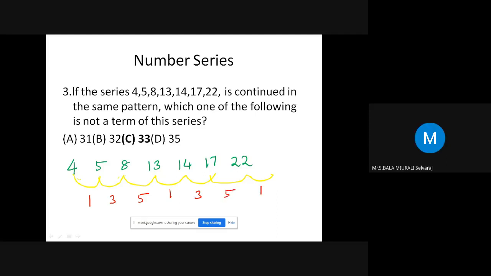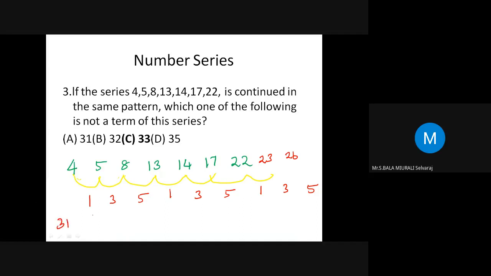What is the series? 1, 3, 5. Like this it has to go on. So 22 plus 1 is 23. 23 plus 3 is 26. 26 plus 5 is 31. I will write the next row.